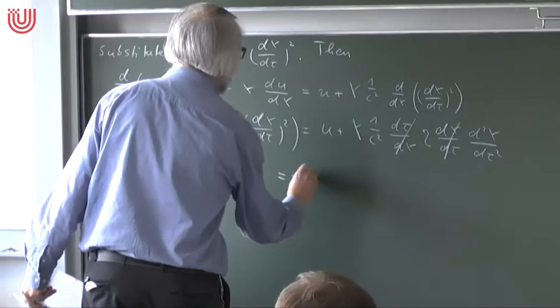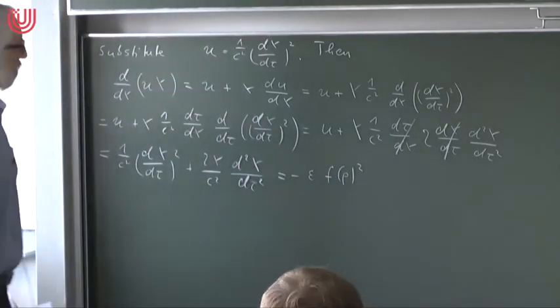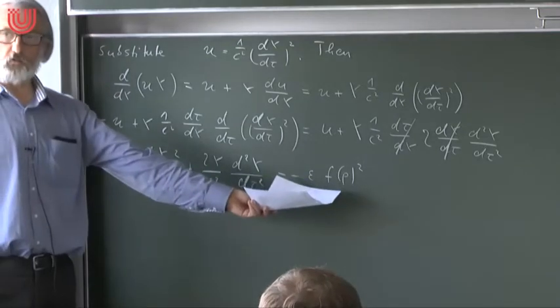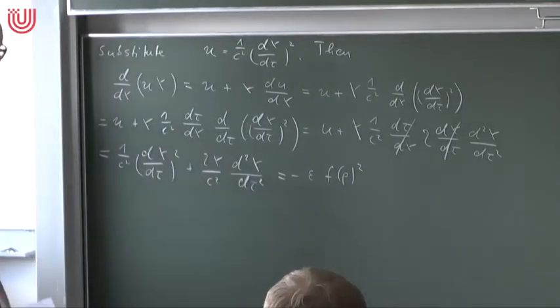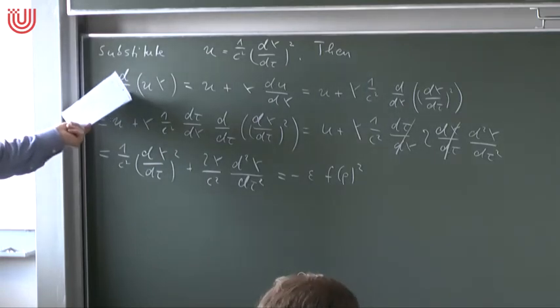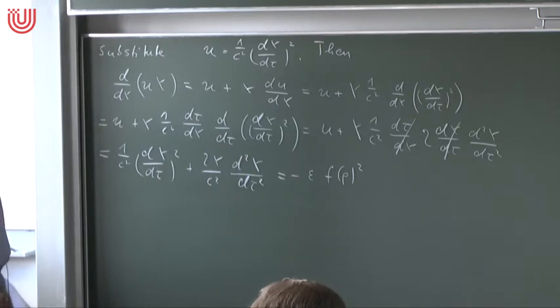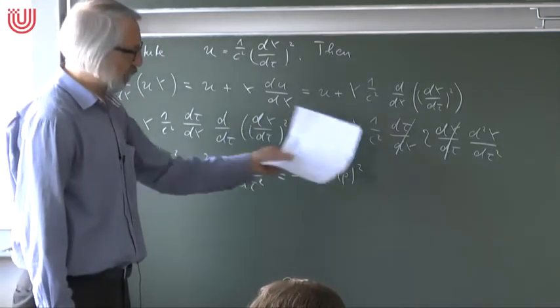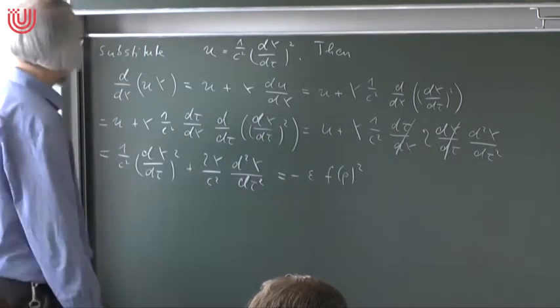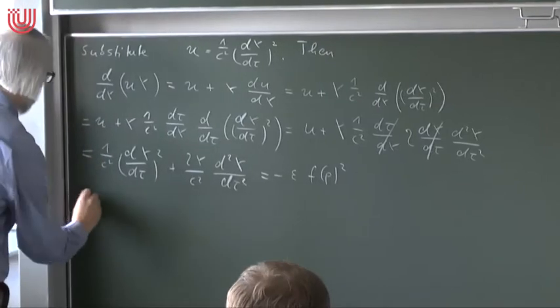So this is equal to minus epsilon f of rho squared, and that's a constant for our calculation. And that's now read from the left hand side to the right hand side. That's the differential equation which we can immediately integrate, because this is independent of y or tau. So I can treat it as a constant, and then I can integrate it over.